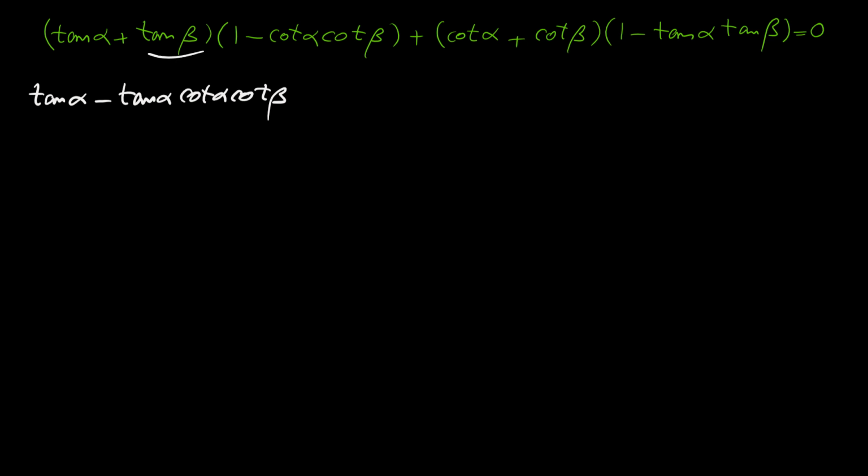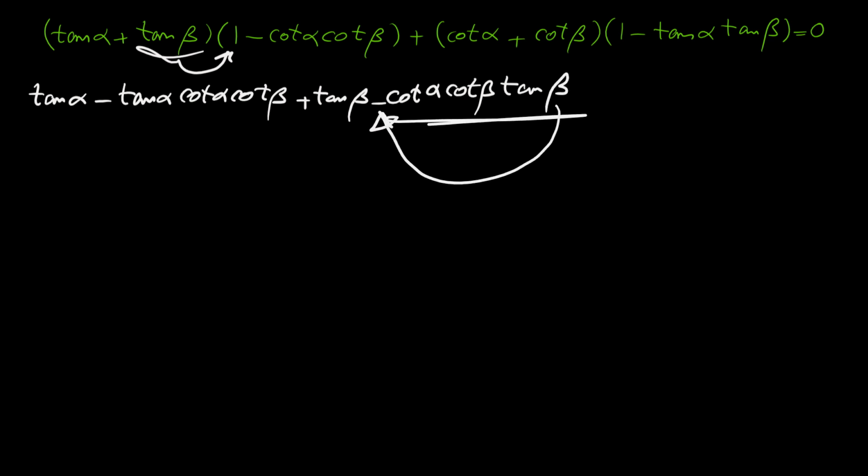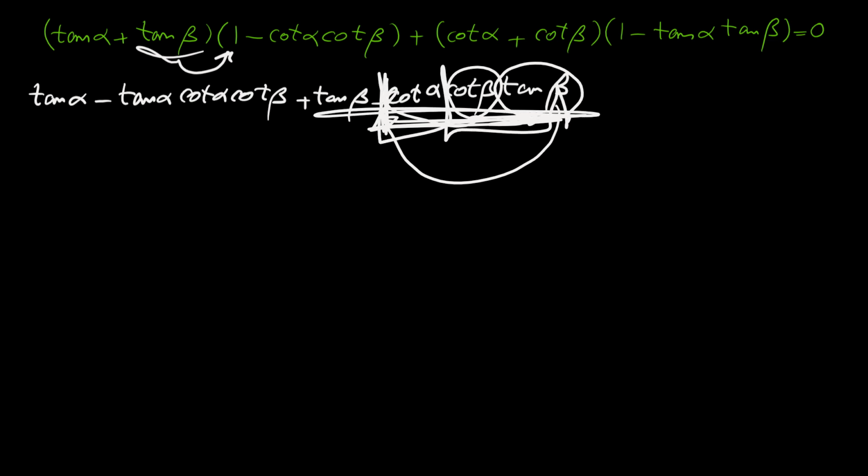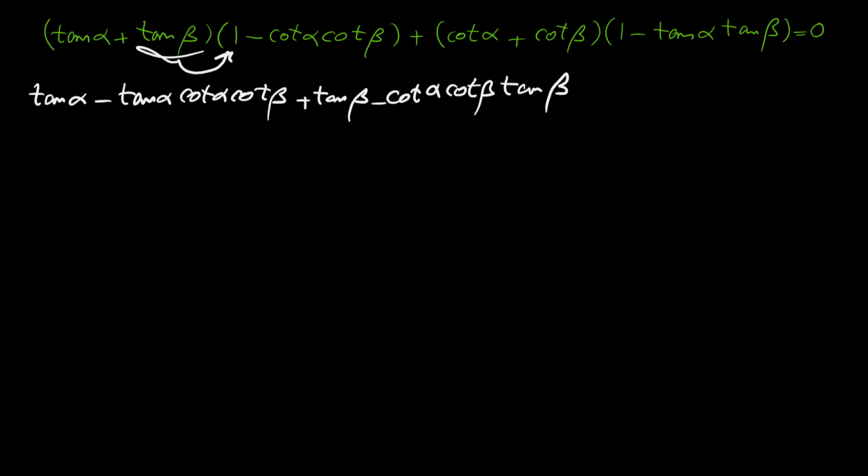Then let's multiply the tangent beta by 1. So we have tangent beta. Then we have minus cotangent alpha, cotangent beta, tangent beta. You can put this tangent here because it's multiplication. It's really not important where to put it. You can put it right here in the middle or at the end. It's multiplication. The order doesn't matter. Now let's multiply the other bracket.